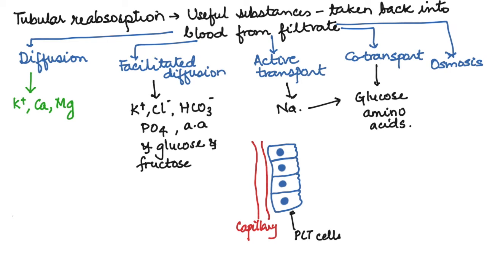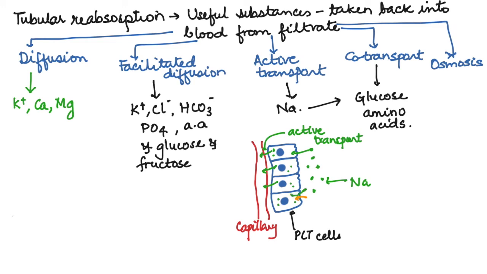Now, the sodium ions which are in the filtrate have to be taken inside. For this to happen, the sodium in the PCT cells is taken up by the blood capillary by active transport. So, active transport happens here by pushing the sodium from the cell into the capillary, which creates a deficiency of sodium in the PCT cells.